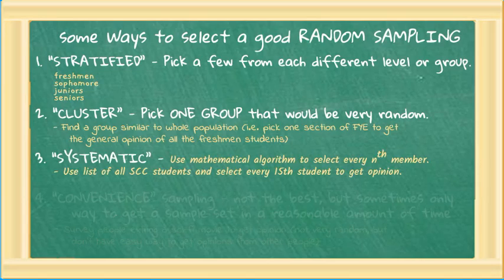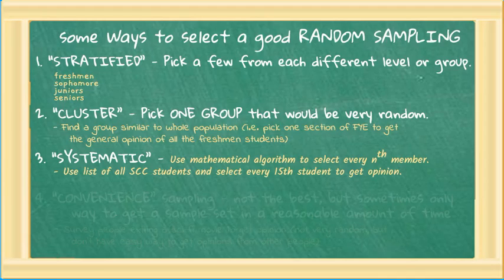Okay, here's number 3. It's called a systematic approach for sampling. Okay, with this we use a mathematical algorithm, we call it, to select like every nth member of this population. What we could do at South Central would be to list all of our students alphabetically, and then pick every 15th student or every 20th, whatever, and take those people and then have them fill out the survey.